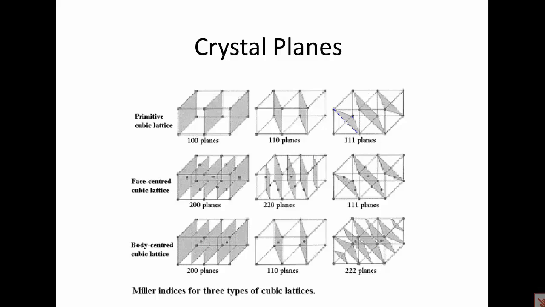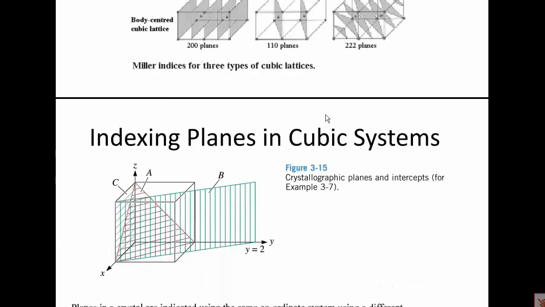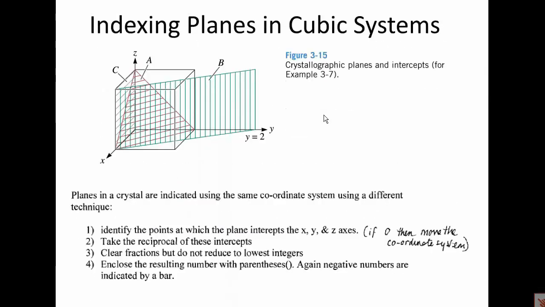How can we identify these planes? Again, we use Miller indices. I'm going to give an example here for the red hatched plane, which is plane A, and I'm going to apply the step-by-step method for indexing planes in cubic systems.